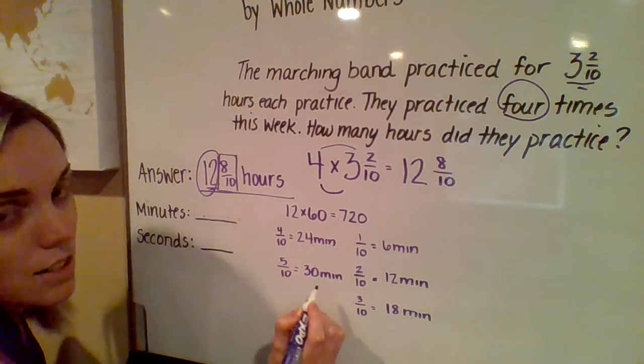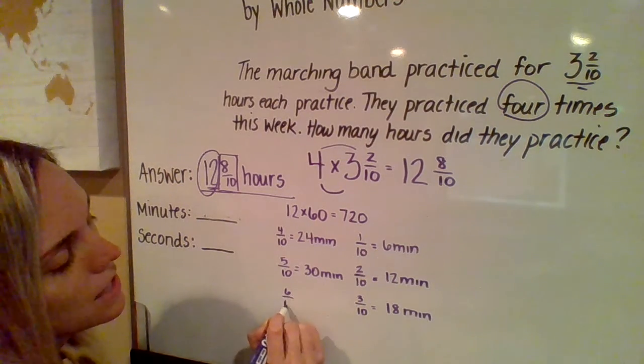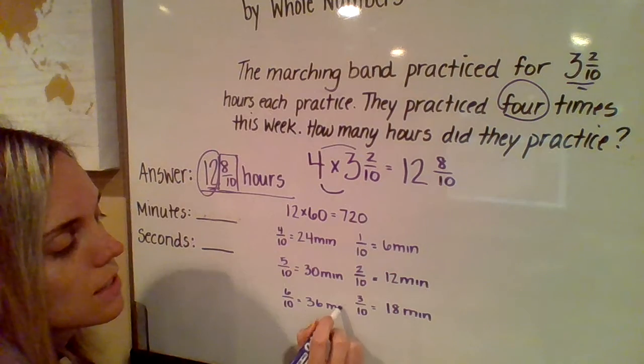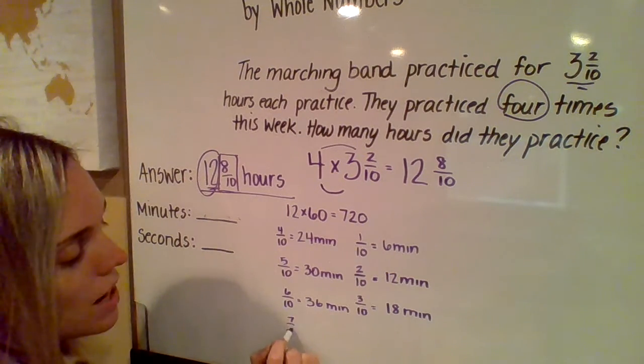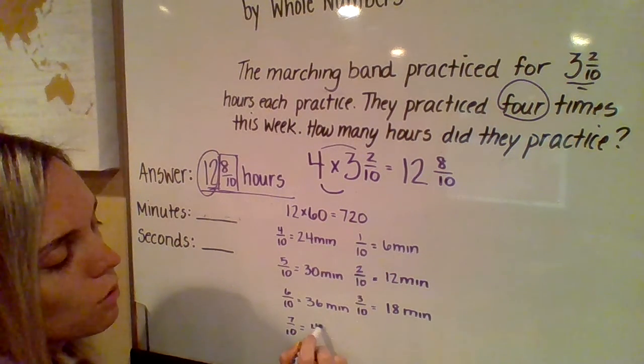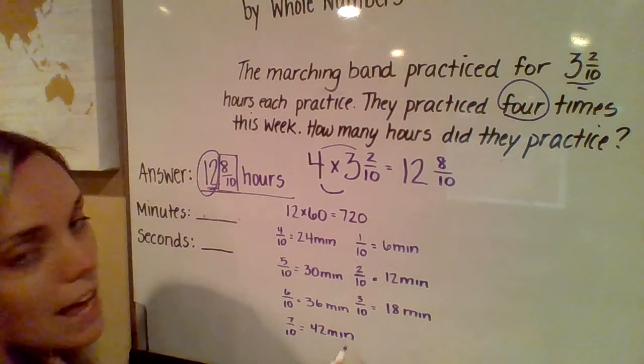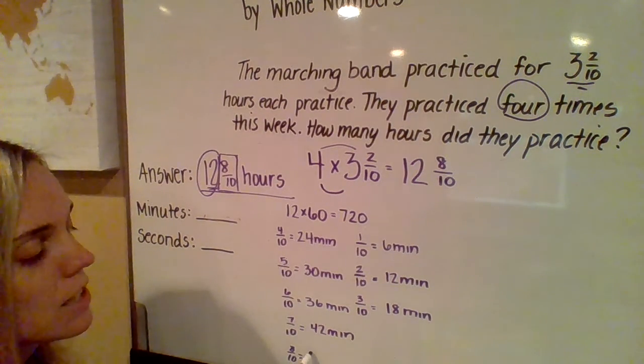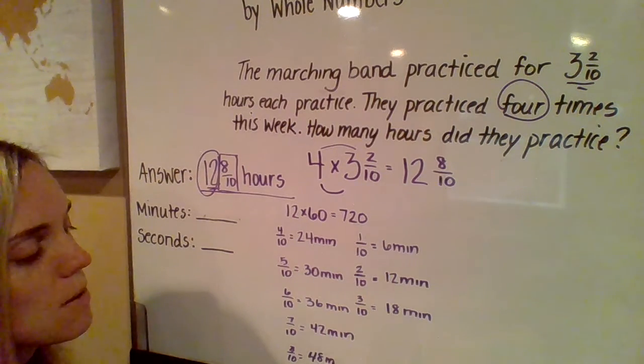Half an hour does equal 30 minutes. 6/10 of an hour is another 6 minutes, so 36 minutes. 7/10 of an hour is another 6 minutes, so 42 minutes. And last but not least, our 8/10 of an hour is another 6, that's 48 minutes.